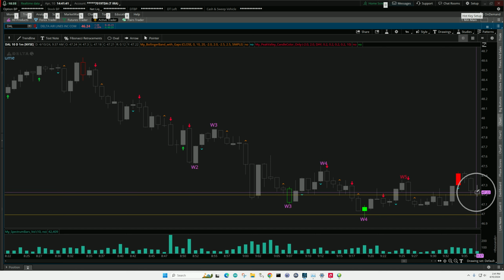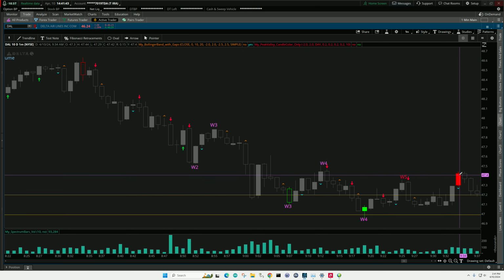Okay, now we have candle body under candle body, and maybe price, after it's finally done consolidating here, hasn't breached the wave 4 at all. So none of the candles have closed, the bodies have closed above previous wave high, which is also a good indication, and there are no wicks above the previous wave high, wave 4.